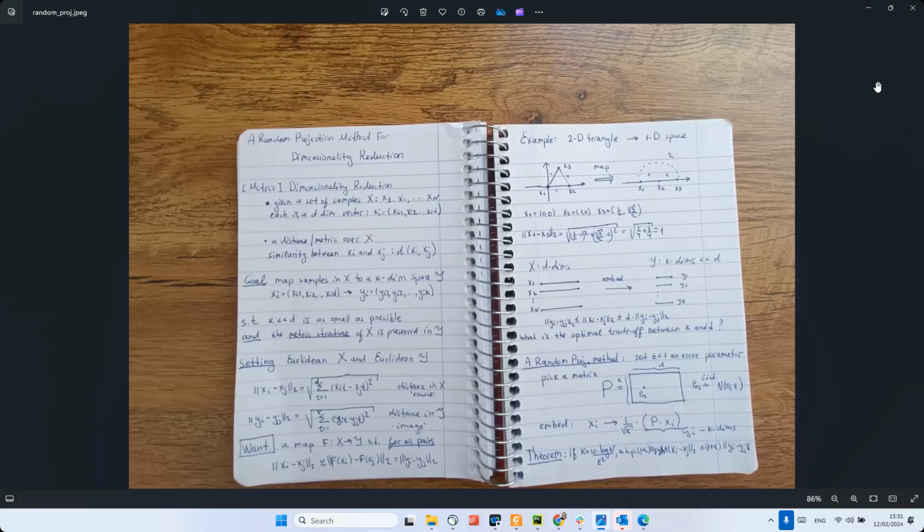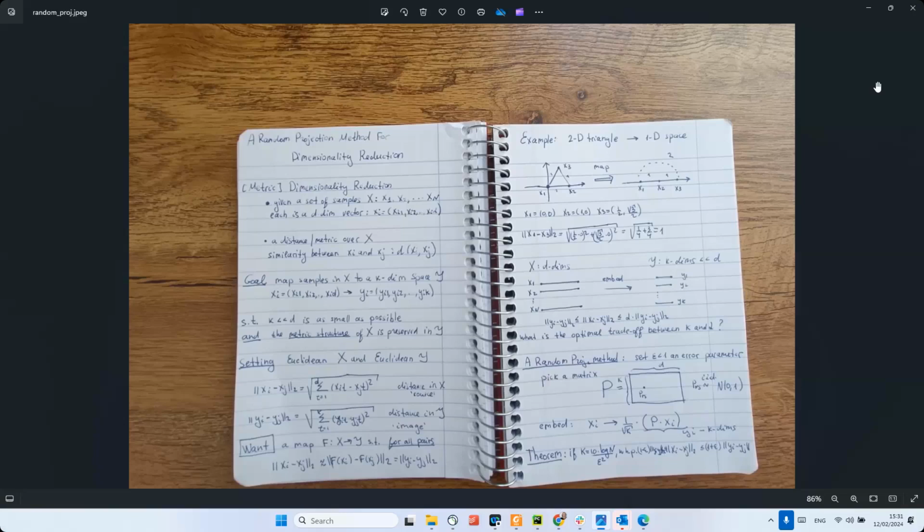It means that for each pair, we have only a very small error on the distances, only 1 plus epsilon. And this is the same guarantee as the original mathematical claim, but implemented algorithmically.